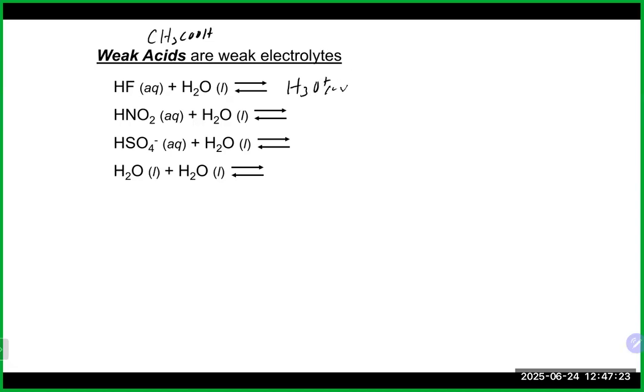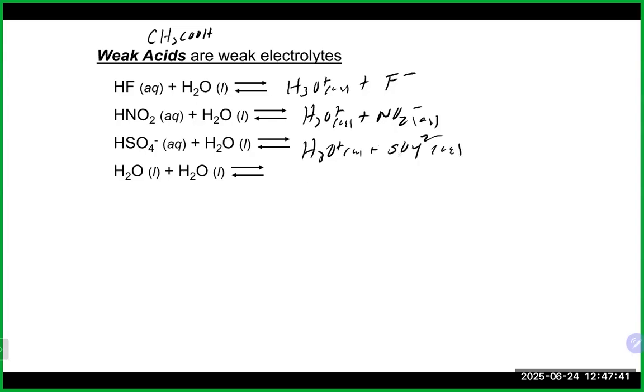So you get H3O plus and F minus, H3O plus and NO2 minus, H3O plus and SO4 2 minus, and obviously our H3O plus and our hydroxide here in this particular case.